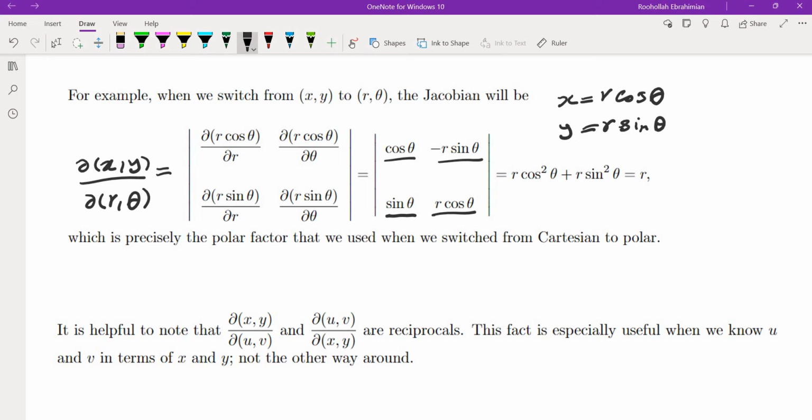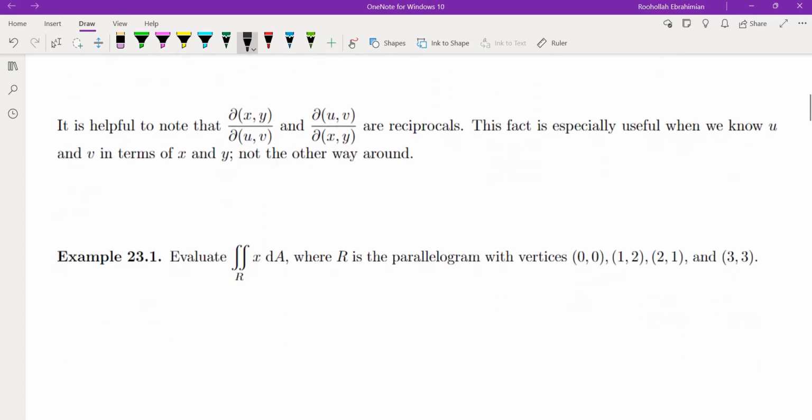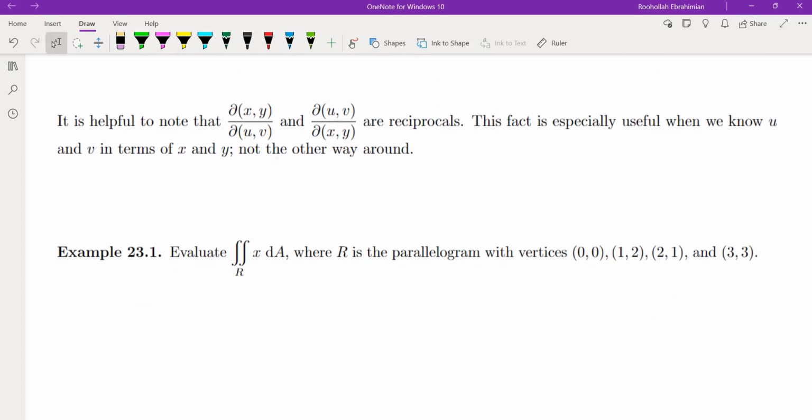Evaluating that, we get r cosine squared of theta plus r sine squared of theta, which is exactly r. And this is exactly the polar factor that we learned we have to use when we go from dA to dr d theta. So dA is r dr d theta.